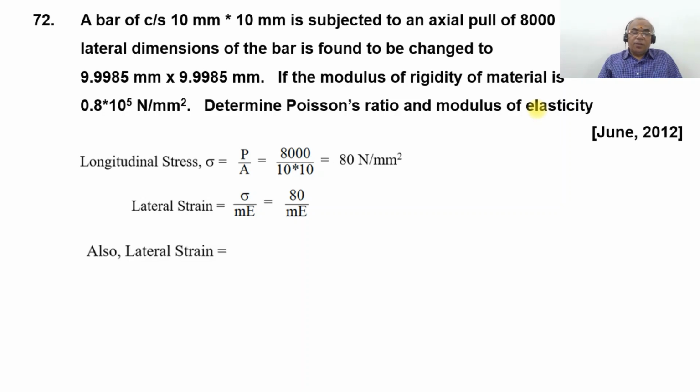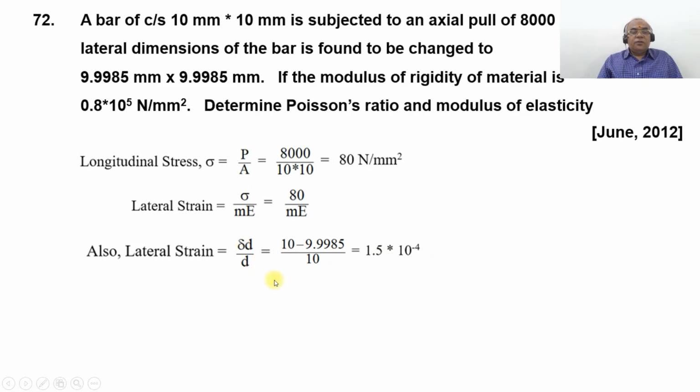Lateral strain is also delta D by D. So here delta D is 10 minus 9.9985, because the original width is 10 mm and the final width is 9.9985, divided by the original width, which is 10. On simplification, you get 1.5 into 10 to the power of minus 4.